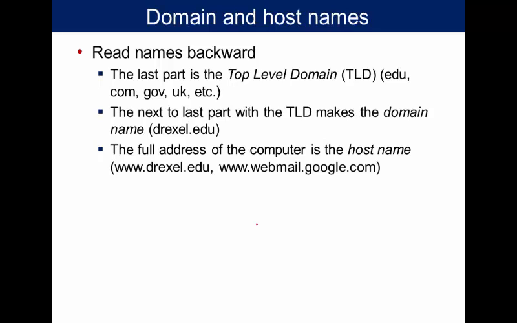Domain and host name. Usually there is a top level domain like .edu, .com, .gov, .UK, etc. And then next to the top level domain is the domain name, for example, drexel.edu, pace.edu, mercy.edu.